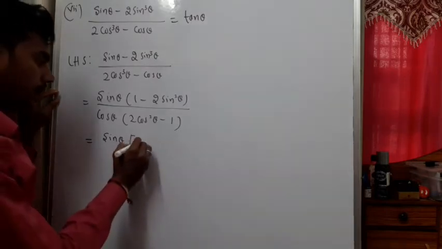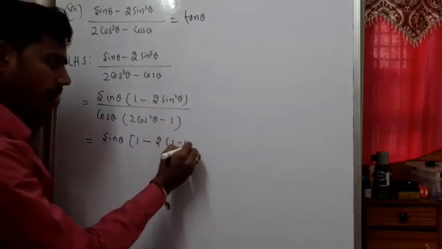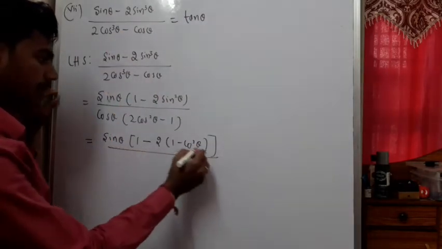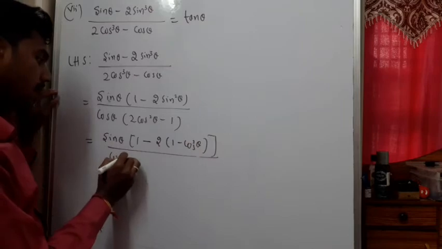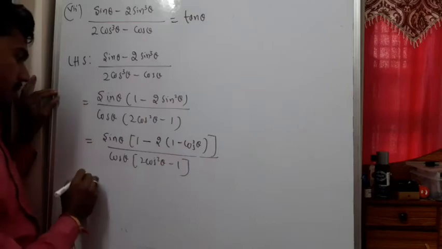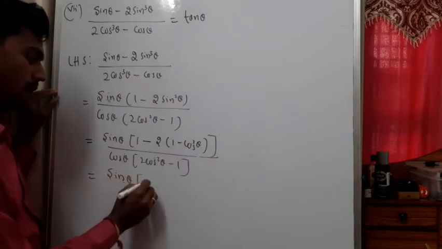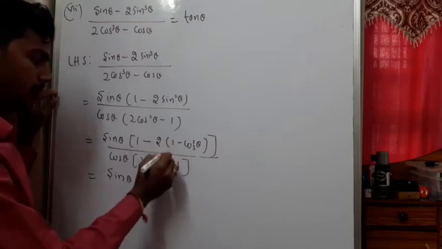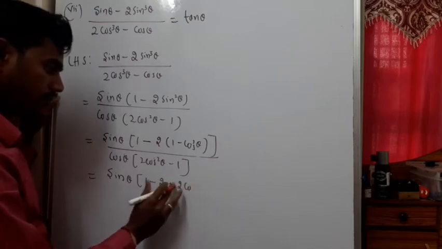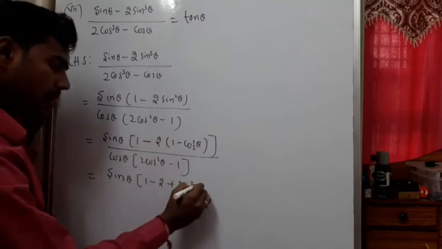Now, 1 minus 2 sin square theta can be written as 1 minus 2 into (1 minus cos square theta). We'll keep the denominator as it is: cos theta into (2 cos square theta minus 1). Now, sin theta into (1 minus 2 plus 2 cos square theta), so minus into minus gives plus 2 cos square theta.